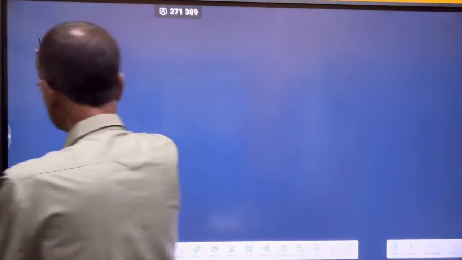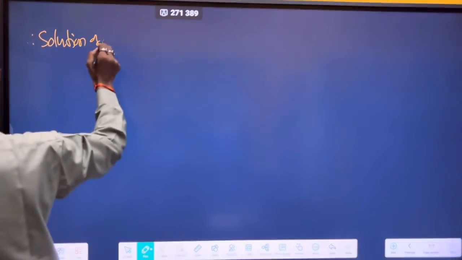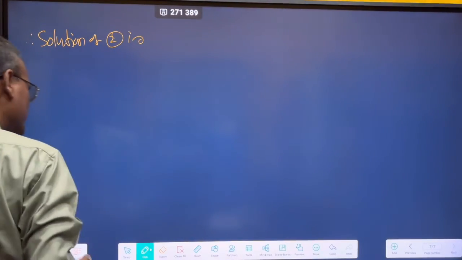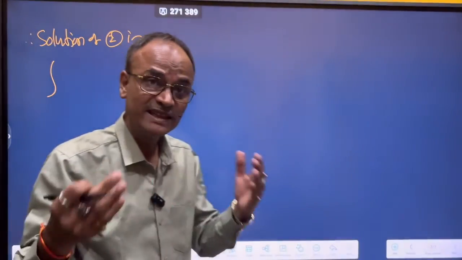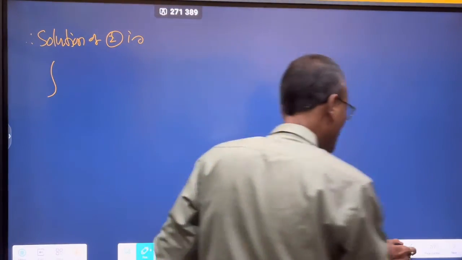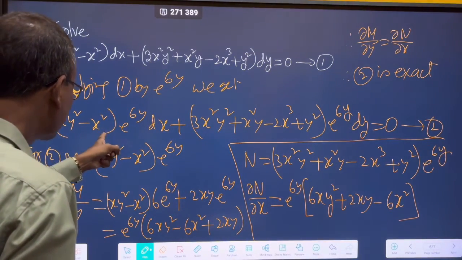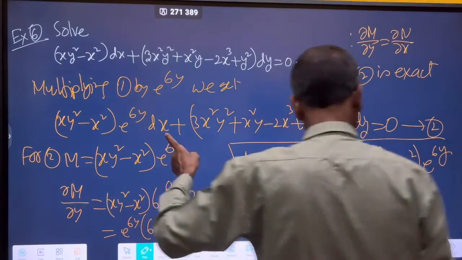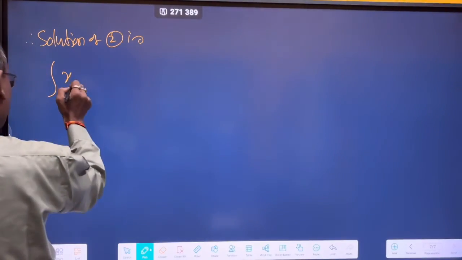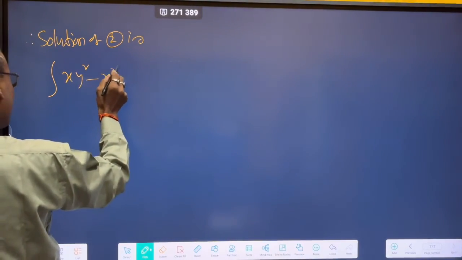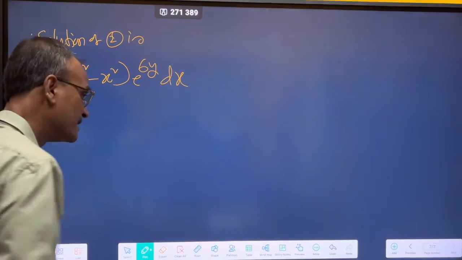Therefore the solution of 2 is integral of M dx treating y as constant. What is M? (xy² − x²) e^(6y) dx.